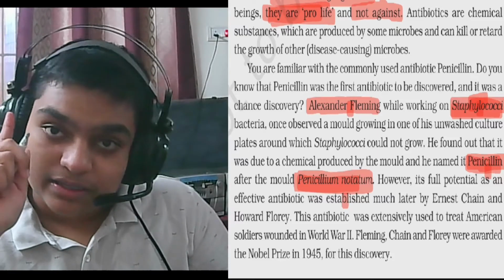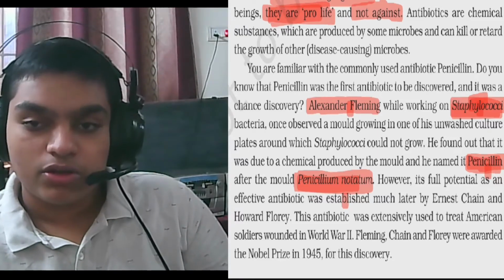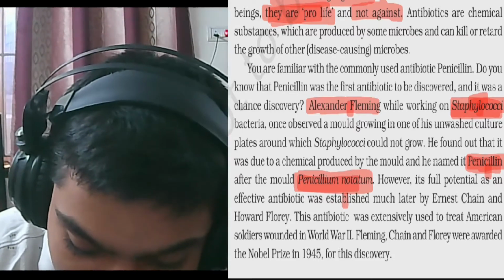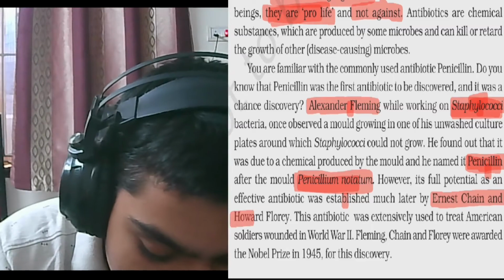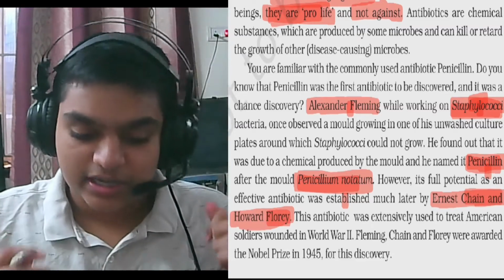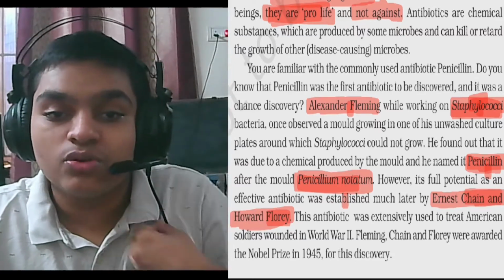But even though he found this penicillin, there was no recognition for his work until Ernest Chain and Florey. You can remember Chain and Florey. Until Chain and Florey brought this antibiotic into use.